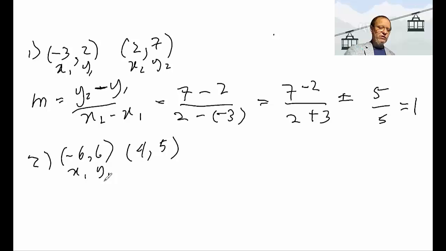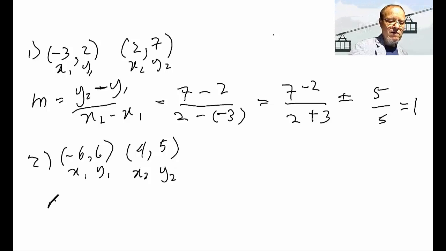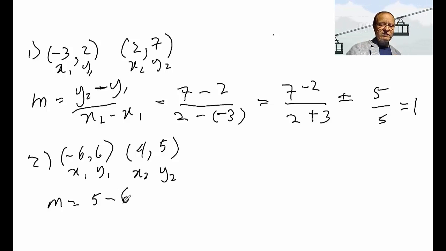And I do this so I don't get mixed up and confused when I'm doing one and like right, left, this, that. So I'm very clear. x2, y2. And then I find the slope m is equal to, well, y2 is 5. So I see that is 5 minus y1, and y1 is 6.